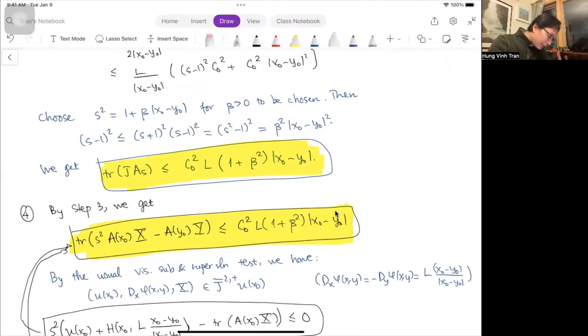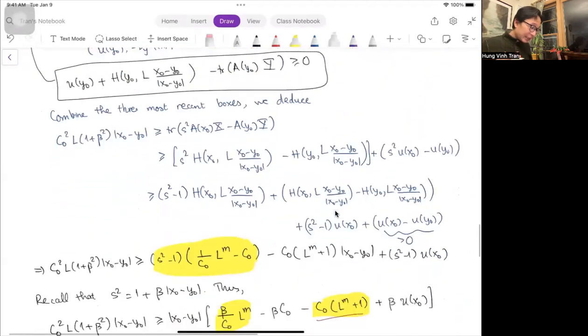And by choosing it this way, roughly speaking, when |x naught minus y naught| goes to 0, we are taking the derivative along this sort of direction, and hence it fits with the philosophy of the classical Bernstein method.